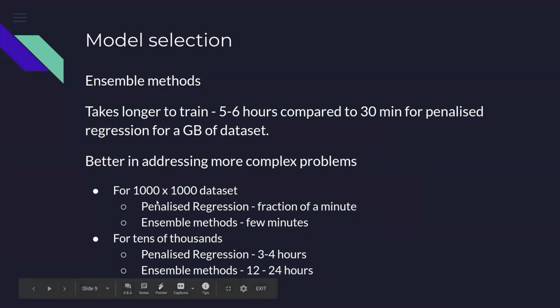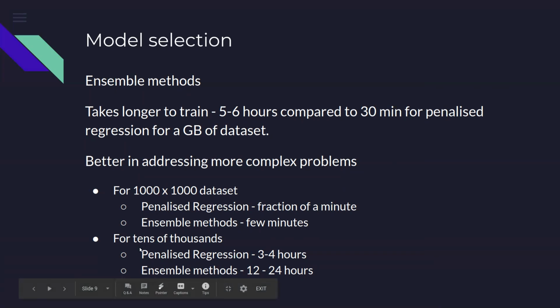And if we go by, say, multiples of 10,000s by 10,000s, then the training process of the regression may take you about 3 to 4 hours. But if you compare that with ensemble methods like random forest, then this fraction of a minute will become a few minutes.